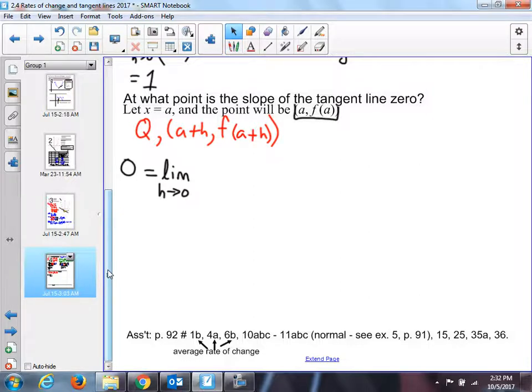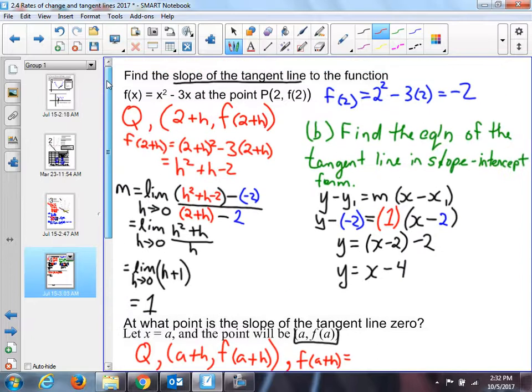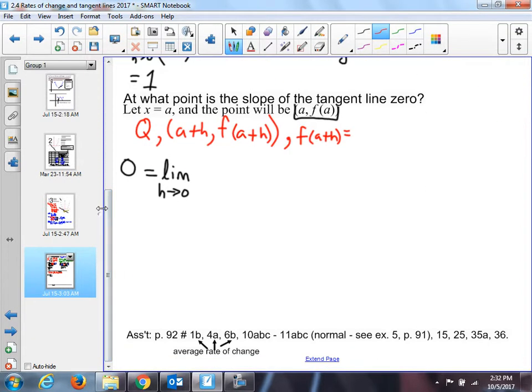Oh, I didn't work that out, did I? Well, we'll work this out. f of a plus h is, what was it, x squared minus 3x? It is the same function, different question. So, a plus h all squared minus 3.